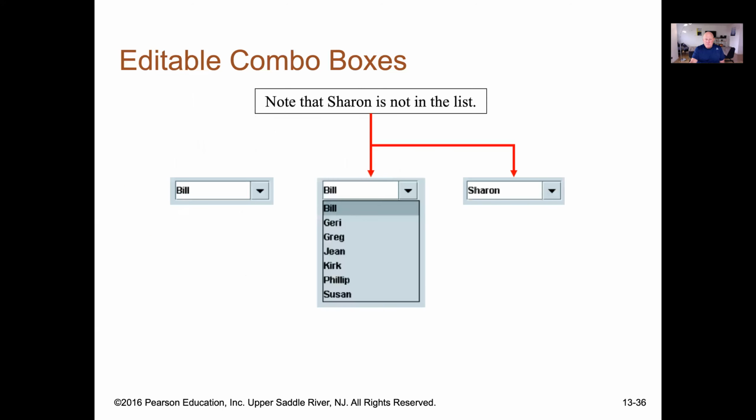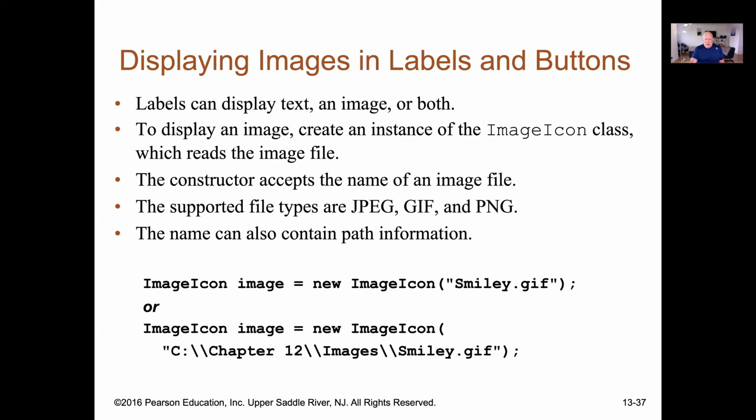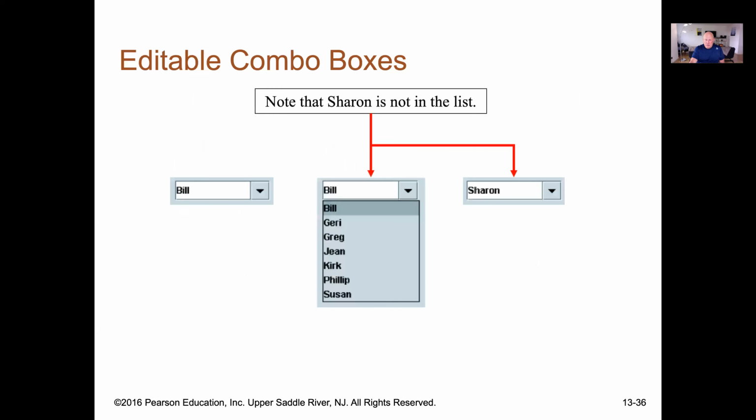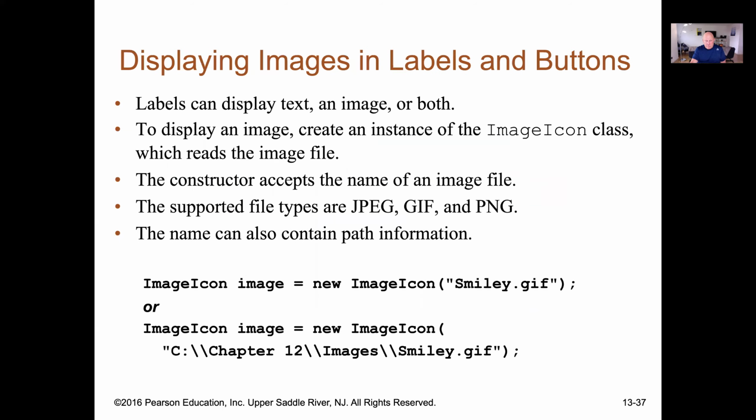Note here that Sharon is not in the list, but if she types it in, she can edit that and add it to the list. Therefore, creating what's called an editable combo box.